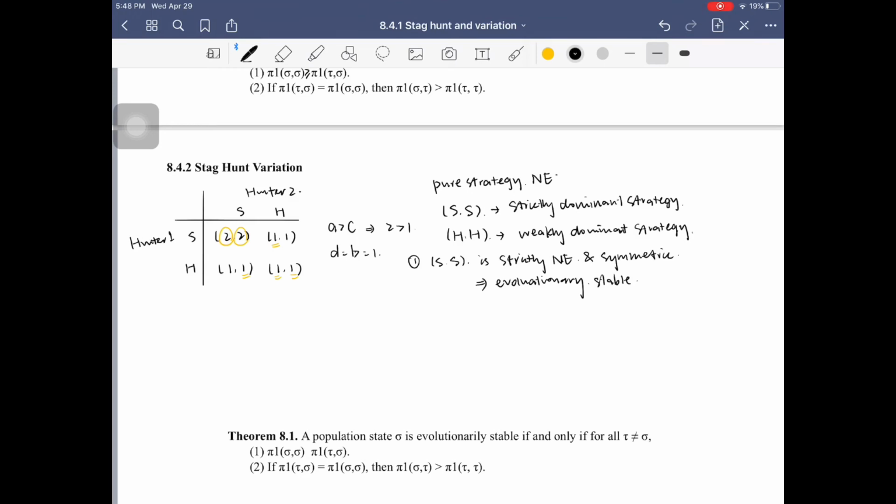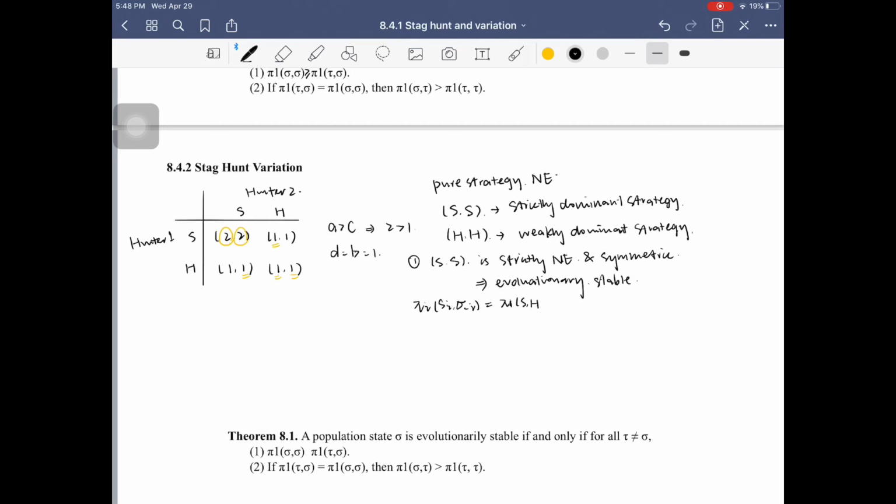Then we check whether there is any mixed strategy Nash equilibrium, and we use the fundamental theorem, which says pi i of s_i, sigma_-i equals pi i.